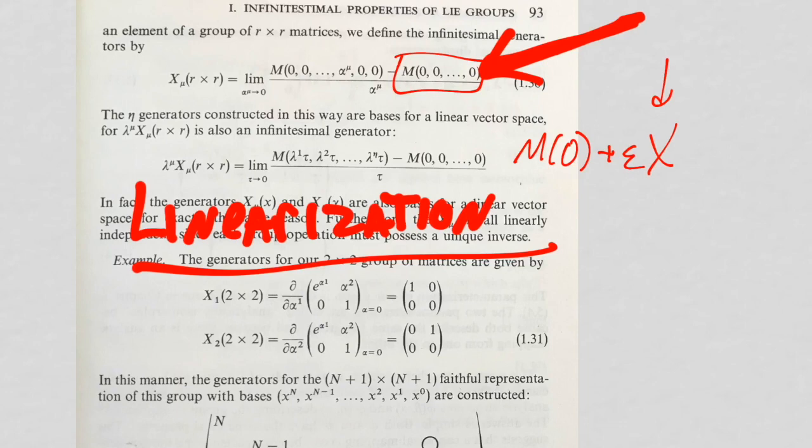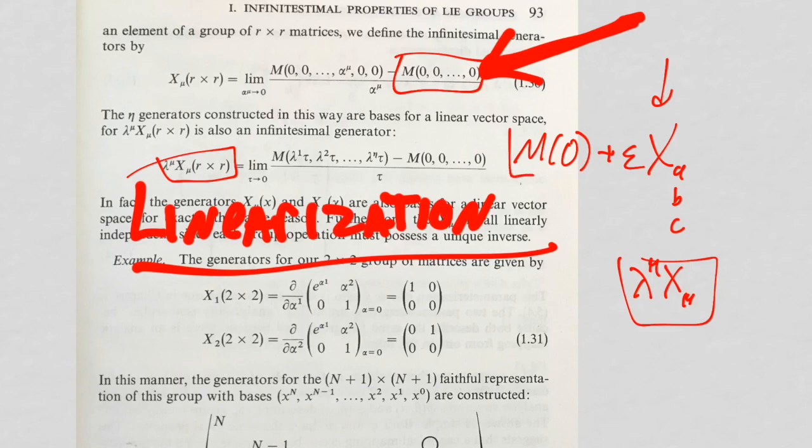And that generator could be xa for the last example, xb, xc, or it could be lambda mu x mu. It could be some generator that is a linear combination of them.